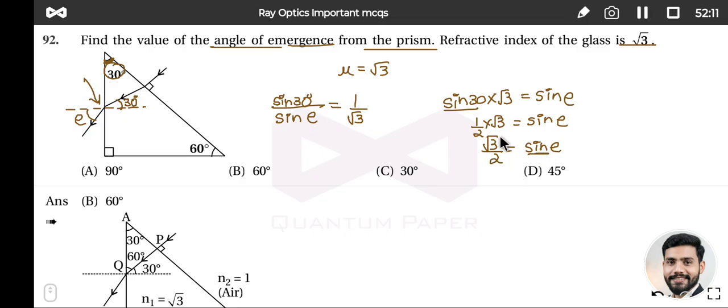At 60 degrees. So the angle of emergence is 60 degrees. The correct answer is B, 60.